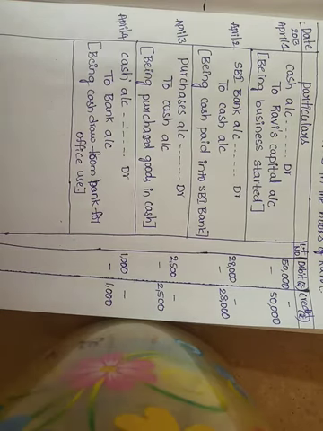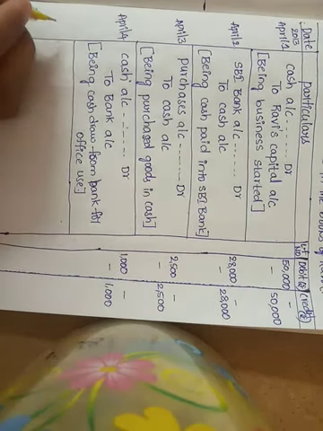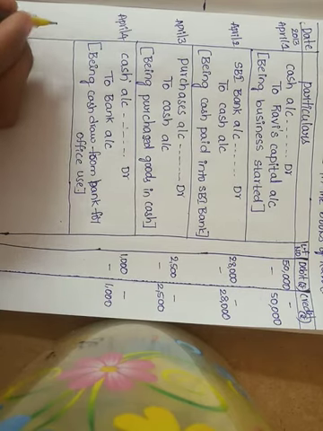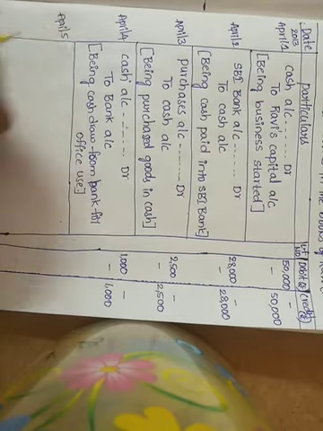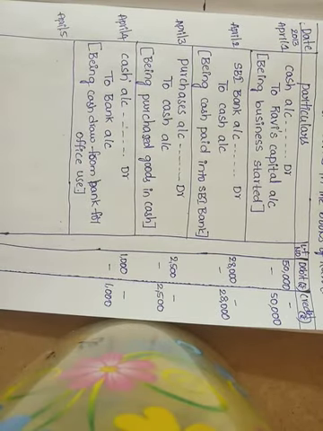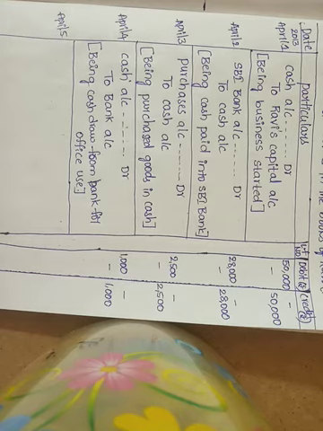The next is April 5th, sold to Krishna goods on credit. So on credit is a credit transaction.